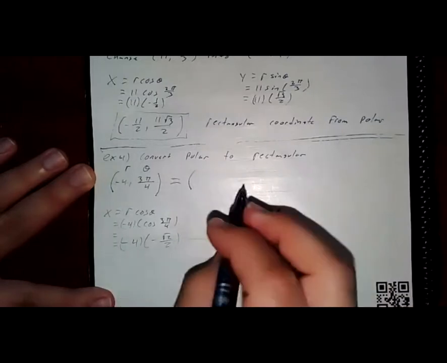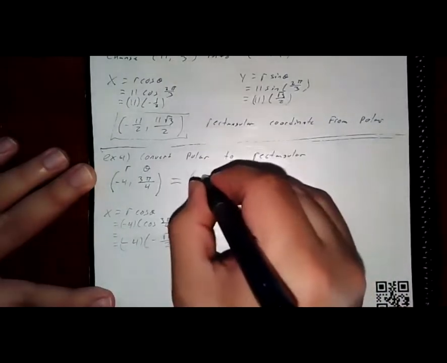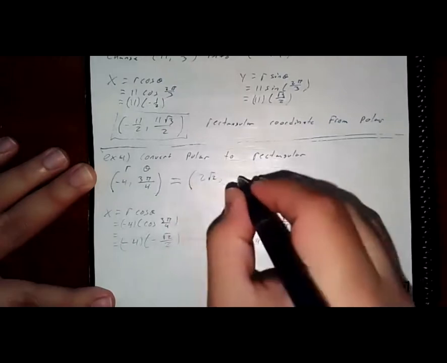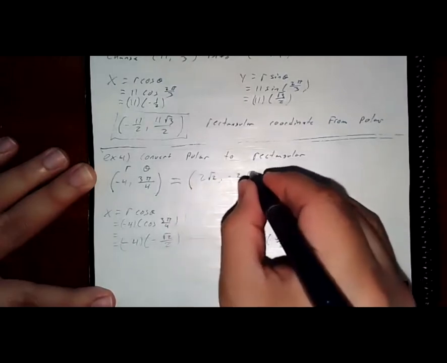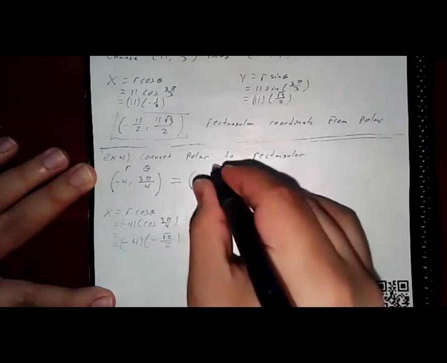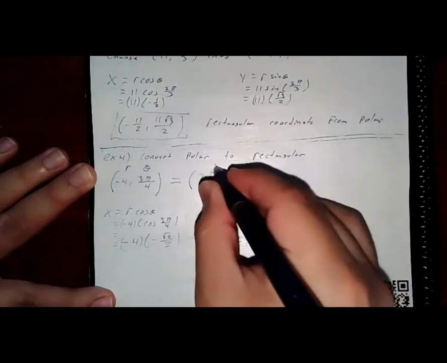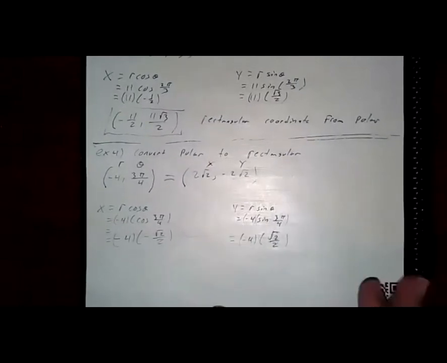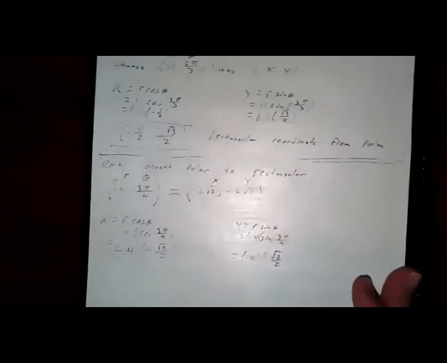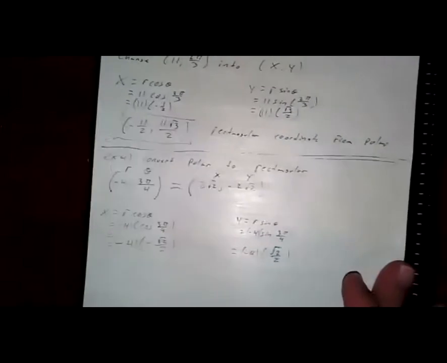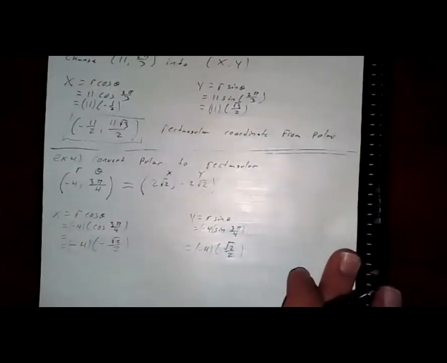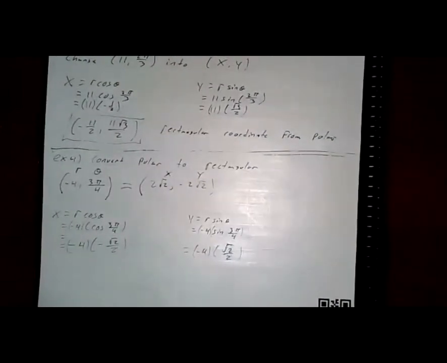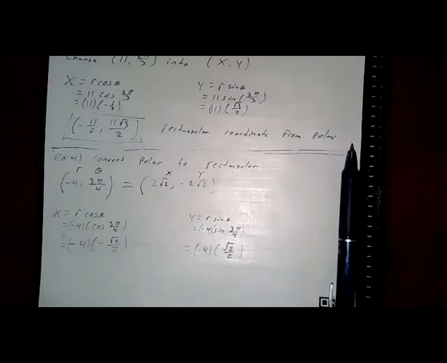Multiply this out, that'll be 2 root 2 comma -2 root 2. So our x and y. Any questions on it? It's the same as number 3, just I tried to shorten it up a little bit.